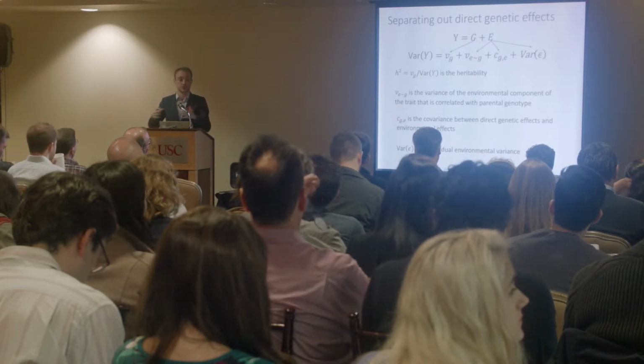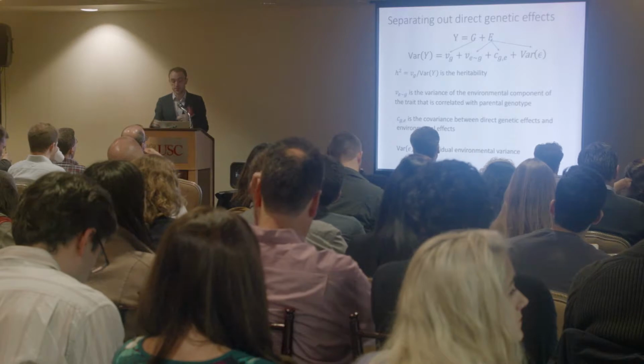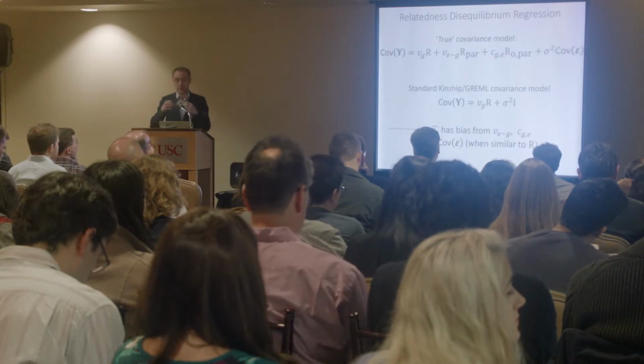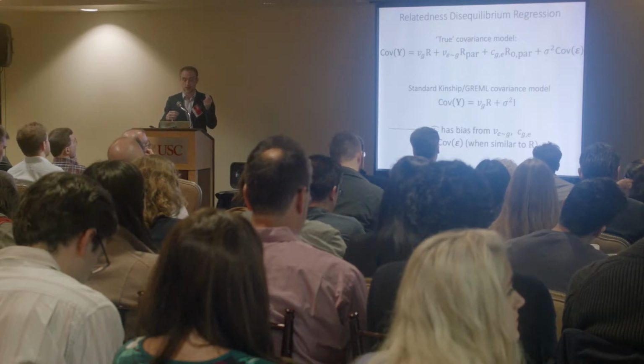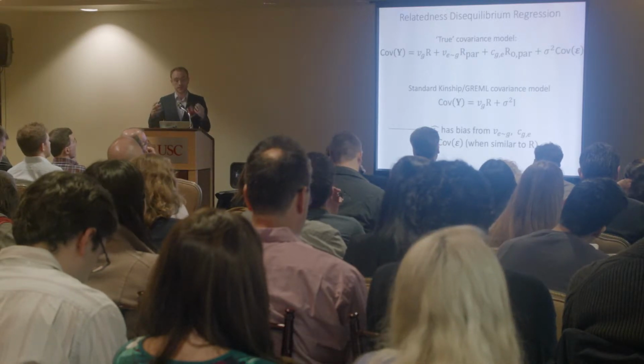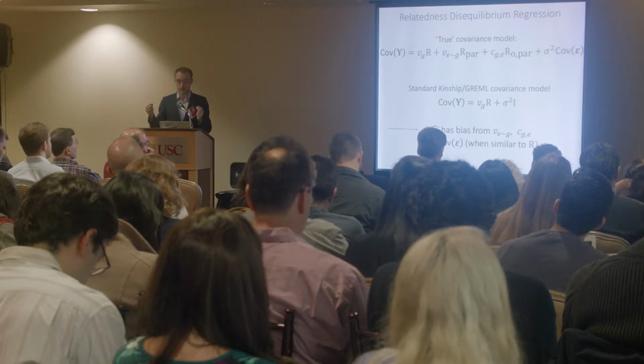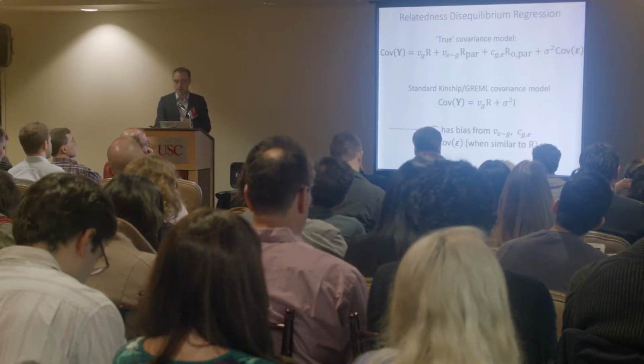So it's a slightly more general decomposition of phenotypic variance than is typically done in quantitative genetics. The RDR covariance model uses this variance decomposition, and then these three different relatedness matrices that come from both offspring and parents and the relatedness between those different classes of relatives.